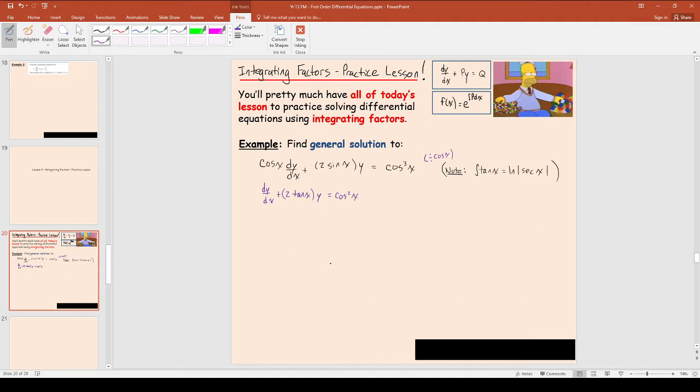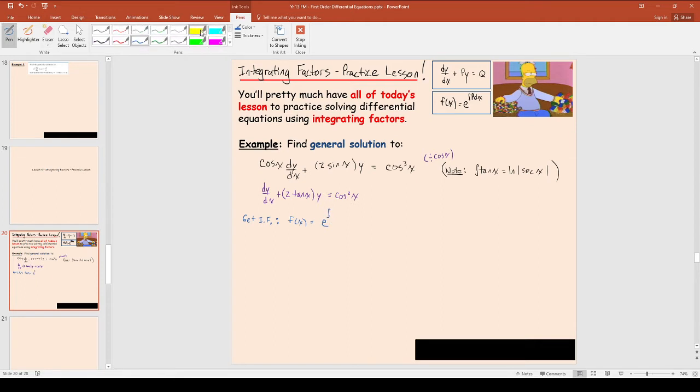Once we've got this step done, what's the next thing again? That's right, you need to get your integrating factor. Let's get the integrating factor. We usually call it f of x, and it's just going to be the integral. No, it's not. It's e to the power of the integral of p dx.